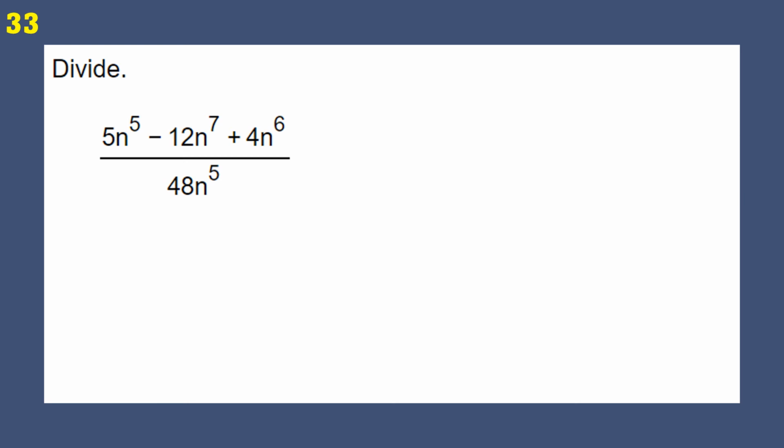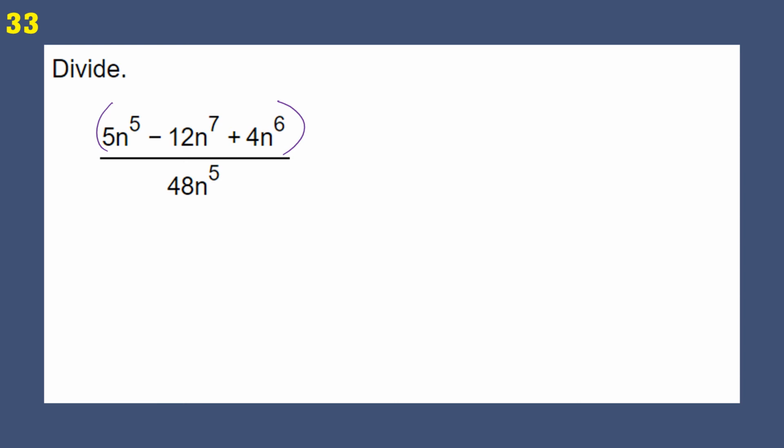Divide a trinomial by a monomial. Now, we need to think about how we can take everything we can out of all 3 of them. So the first thing I'm going to do is try to factor the numerator, if at all possible. Is there anything I can take out of all 3 of those? Well, I can't take out a 5 from all 3, or a 4, or a 2.